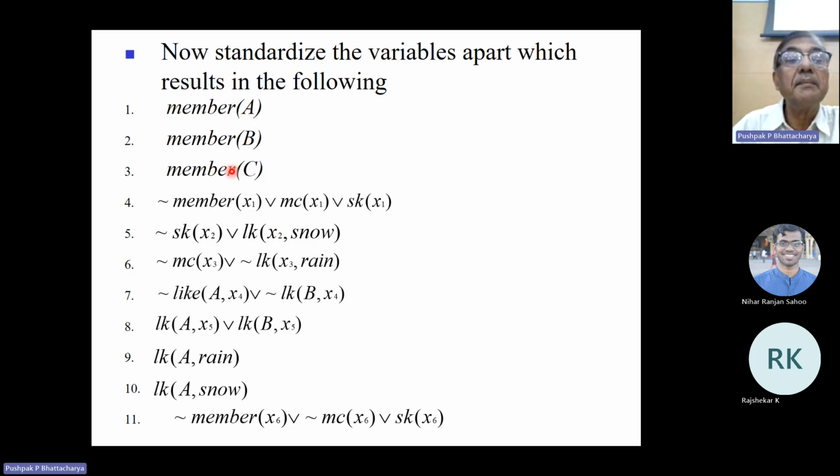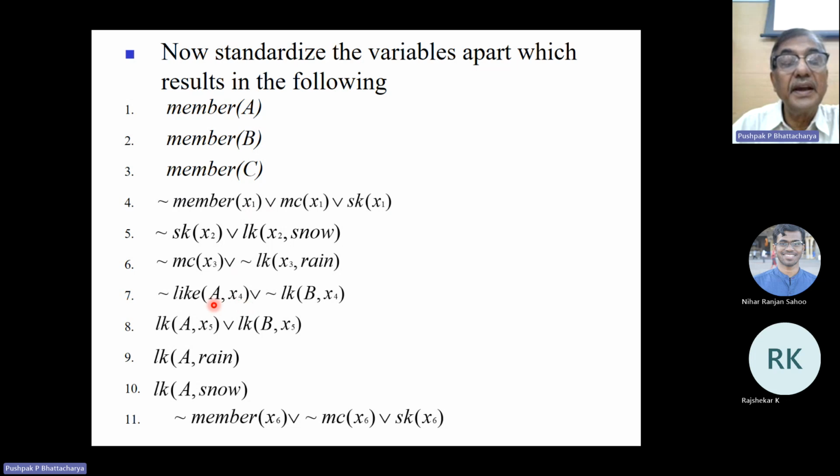So member A, member B, member C, these are called grounded clauses. There is no variable here. All the arguments are constants. And the clause with the implication introduces its own variable, not member X1 or MC X1 or SK X1. Then all skiers like snow, X2, no mountain climbers like rain, X3.